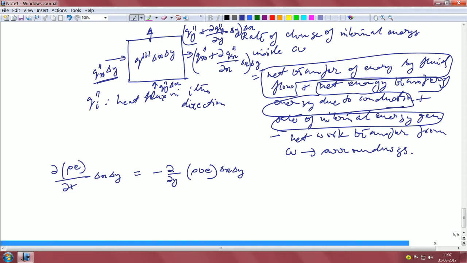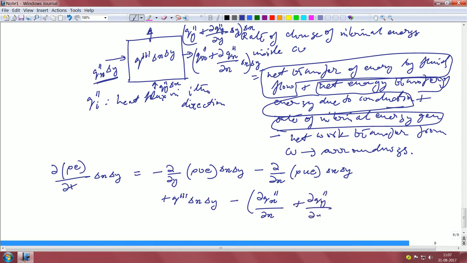That is what we got from the net transfer of energy by fluid flow, minus, and I have taken into account all the negatives, that means you simplify the form. I am not showing the steps for the simplification, which ideally you should practice, plus Q triple prime, which is the rate of generation or dissipation, minus dqx double prime by dx plus dqy double prime by dy into delta x into delta y, plus there is some work term which is given by W delta x into delta y.